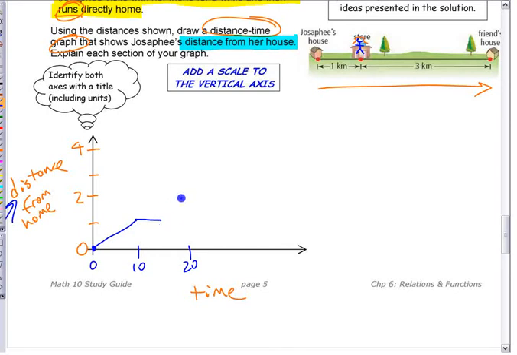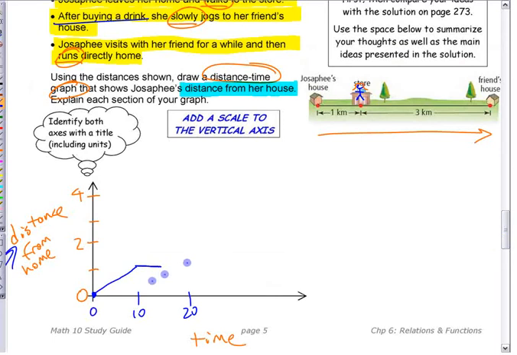She slowly jogs, but how would that compare to this? It's faster, so we've got to make sure it's steeper. She did 1 kilometer in 10 minutes, which is 1/10 of a kilometer per minute. You need her to go faster than that. How about if she does 3 kilometers in 10 minutes? Is that a good jogging speed?